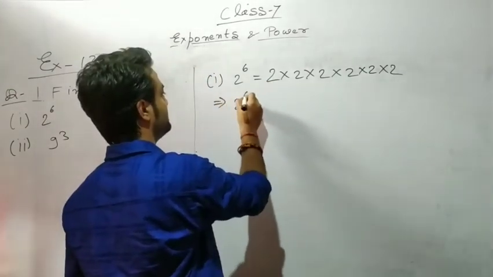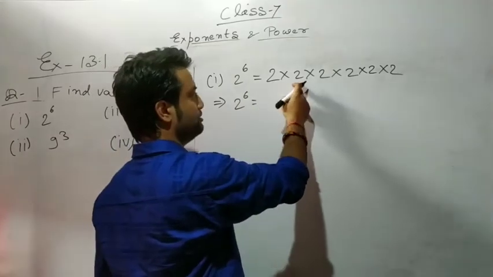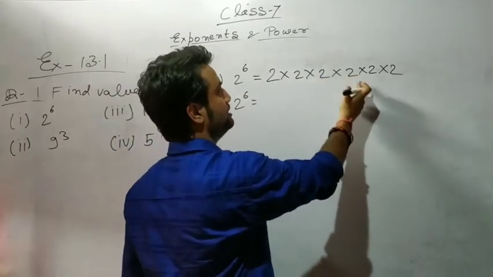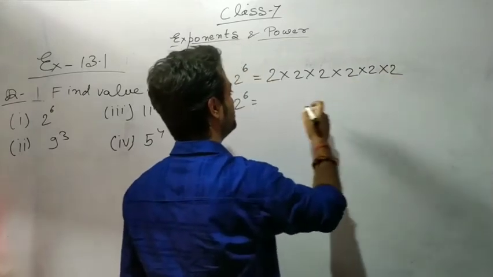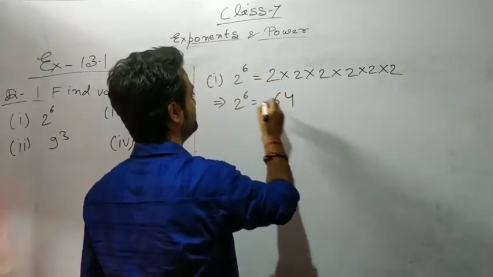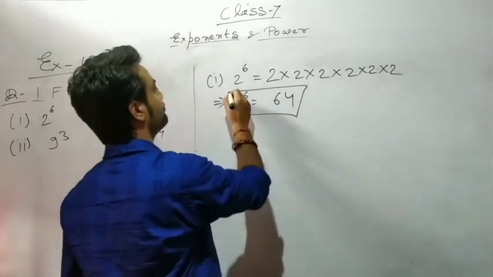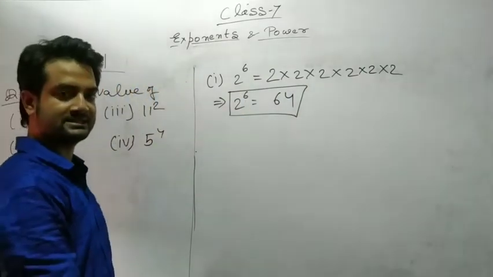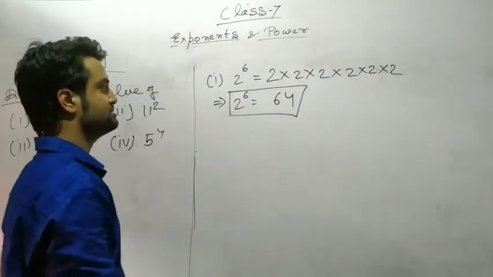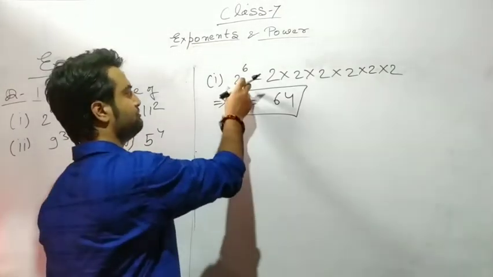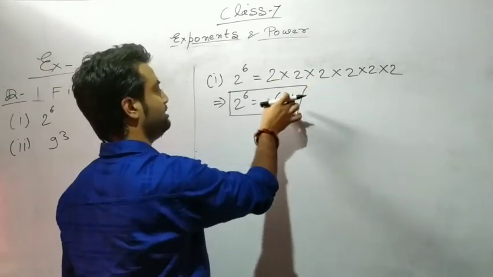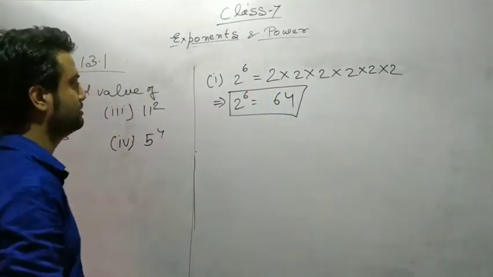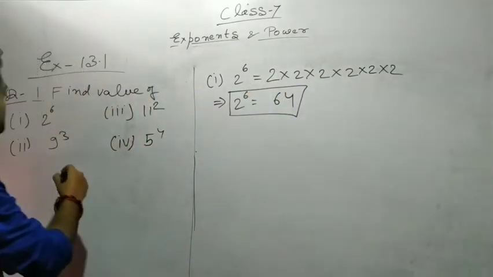So now we can write it as 2 2s are 4, 4 2s are 8, 8 2s are 16, 16 2s are 32, and 32 into 2 gives us 64. So 2 raised to the power 6 is 64. In such type of questions, you just have to expand the expression and then multiply and you will get the answer. We have done the first question.